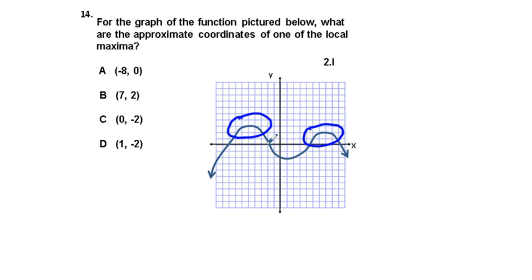We get negative 1, negative 2, negative 3, negative 4. So about negative 5 comma 3. That's going to be the approximate coordinates of the one on the left, but that's none of the answer choices. The correct answer choice is this one right here, which is over 7 to the right and up 2. And that answer choice is B.